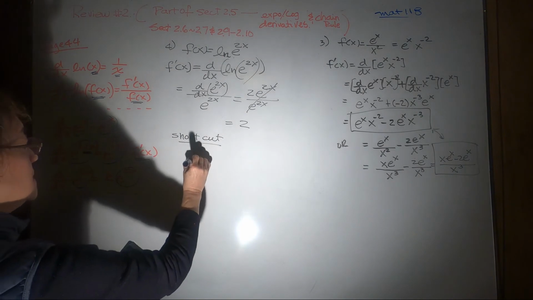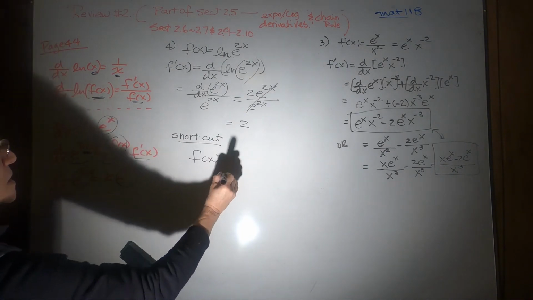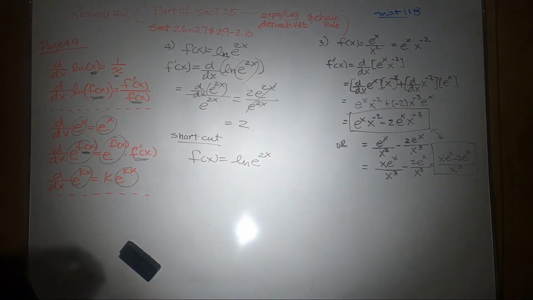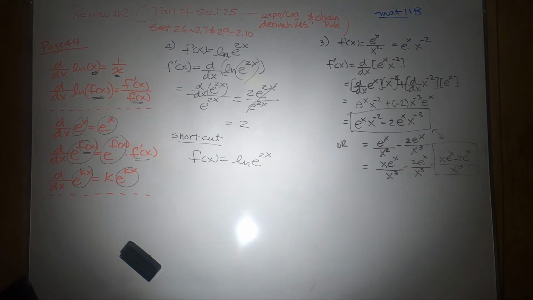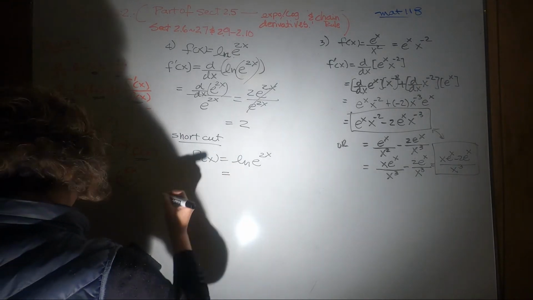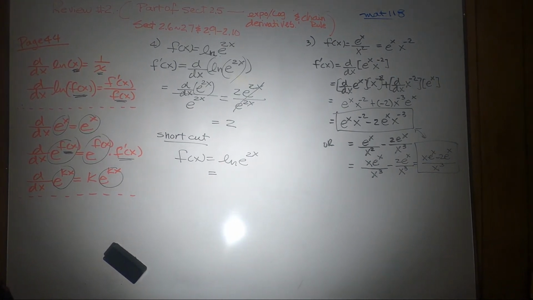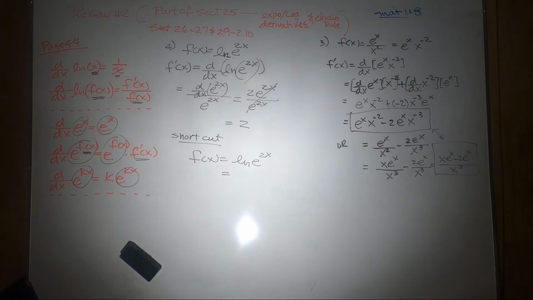So you can see f of x equals what? Natural log e to the 2x. If you remember the rule, right? So it can be what? Where is the rule? You need to look at the very beginning on your log.